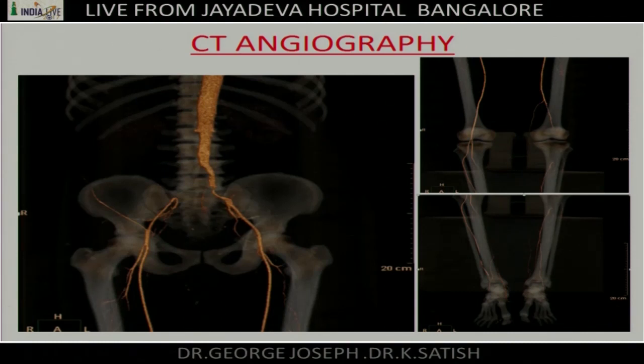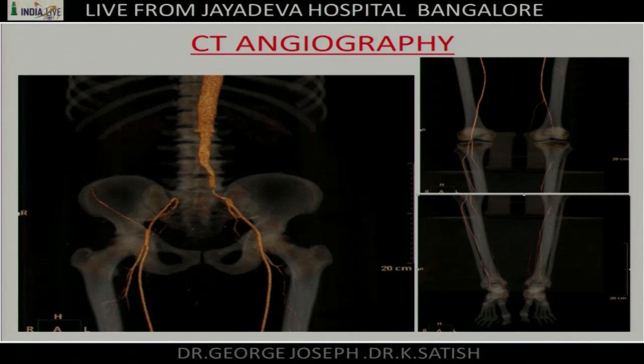It shows terminal aortic narrowing disease there, and then a complete occlusion of the right common iliac artery, with reformation of the external and internal. On the left side, the common iliac has a very severe stenosis which looked focal, but there is disease right through. The focal stenosis is almost 90%.